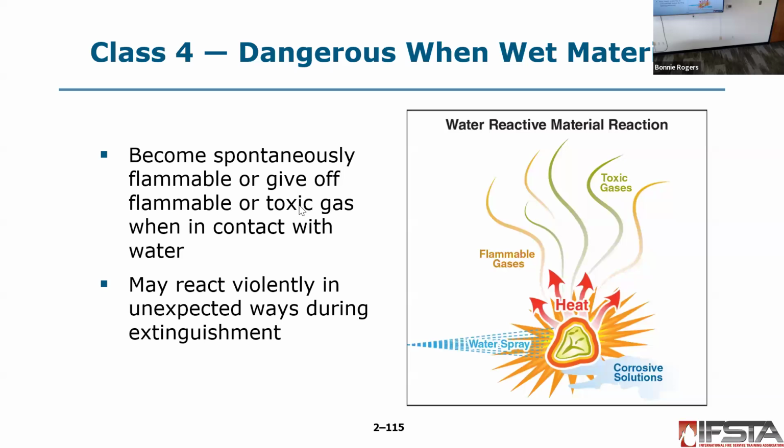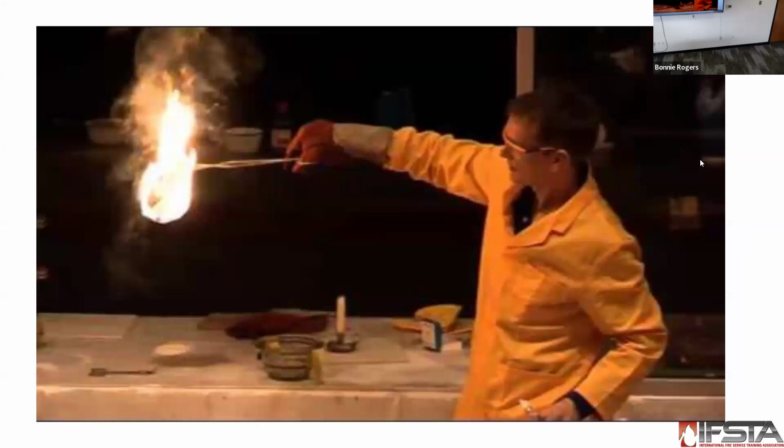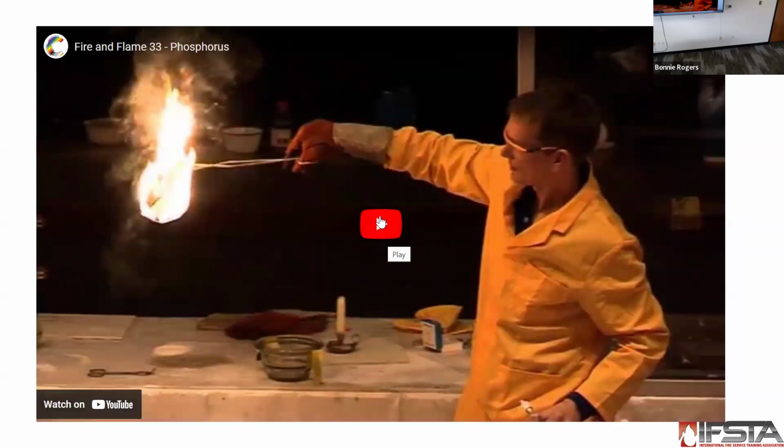Dangerous when wet. They come in contact with water, then they become flammable or give off toxic gas. So I'm going to show you guys a video a little bit later about something that had a violent reaction with water. The firefighter put water on it, and it didn't go as they had planned. Here it is. I'll show you. It's just a quick video.